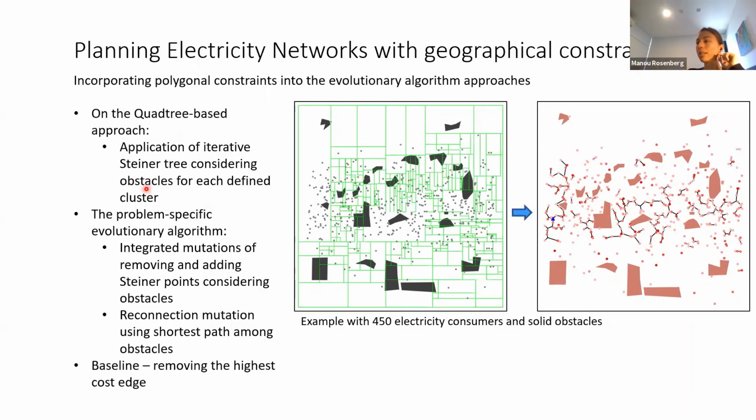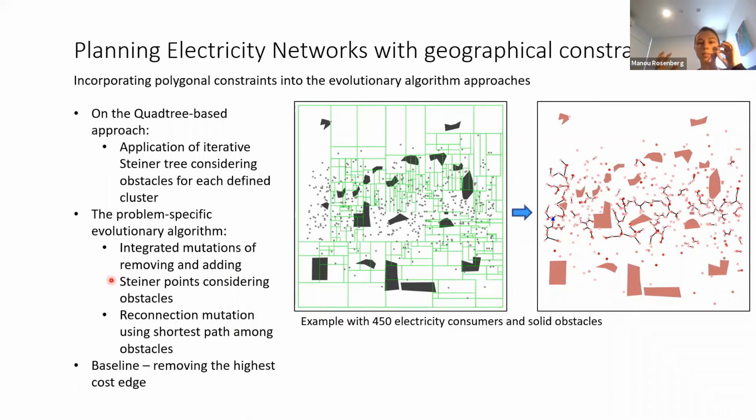And this works as well for the Quadtree based approach, where we use that as a representation of the network, as well as for the problem specific evolutionary algorithms, when we adapt it in a way that we include the consideration of obstacles through different mutation.